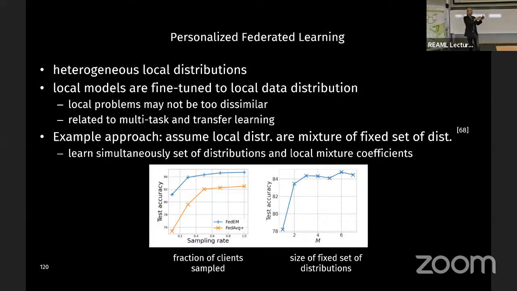And your local distribution is always a mixture of those. And what they can do is they can learn two things simultaneously. They learn these base distributions and the local mixtures. And that's quite impressive. And they then show that they reach good accuracy independent of how many clients participate and how many mixture components you have. This was a nice and theoretically sound approach to that.